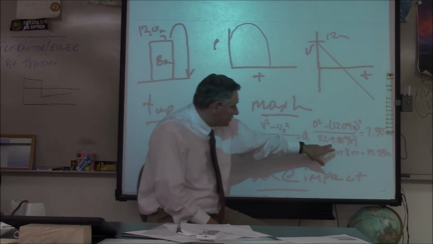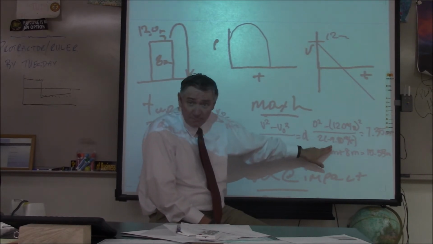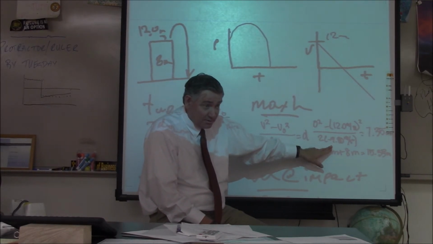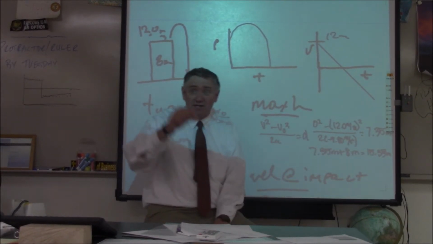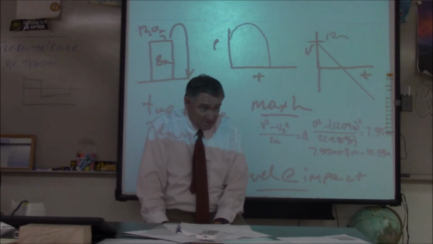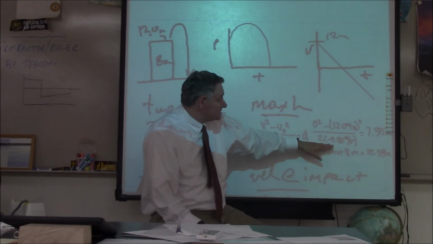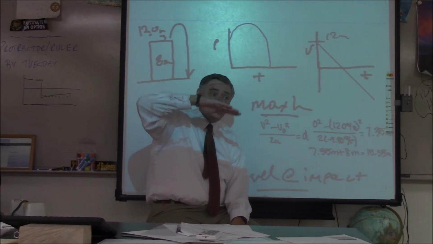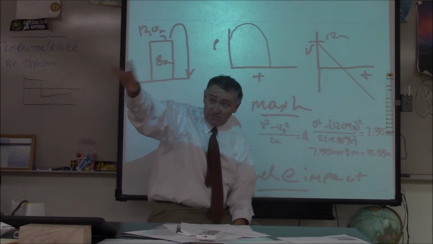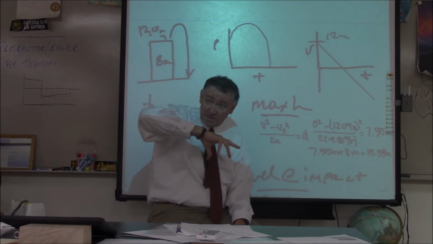I'm going to look for the fact that she used negative 9.8 meters per second squared here. Because if she had put positive, she would have technically got a negative displacement over there on the side. So this is one of the things that I'm going to look for. Do you consistently use negative 9.8 meters per second squared? That's going to be part of the grade on this last problem.